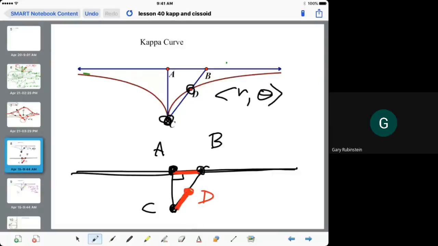So r is this length right here. Now theta is this angle over here. Now the issue is I'd like to create a triangle that has r and has theta in it. And this is a very hard question.